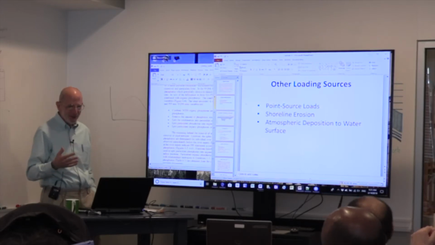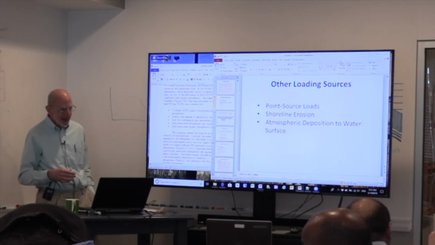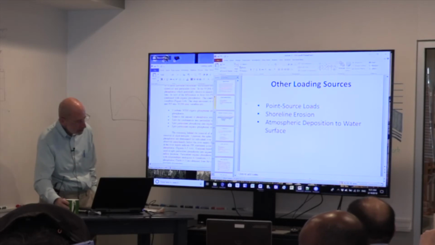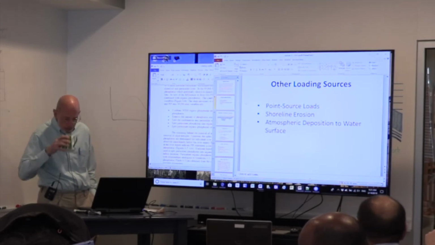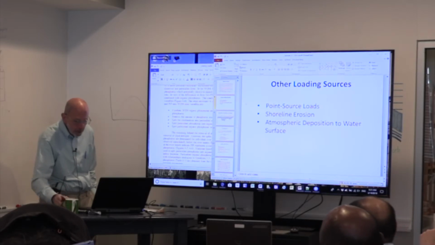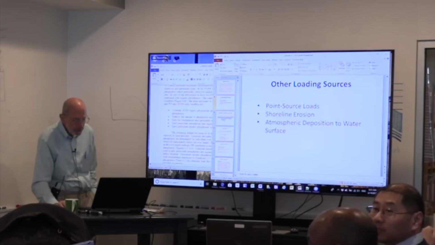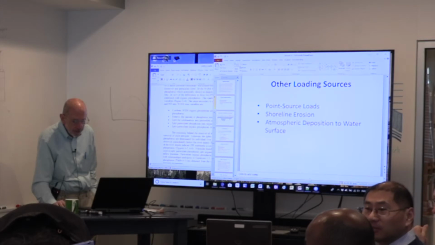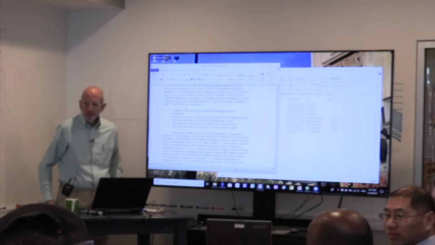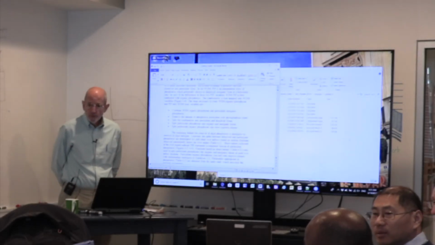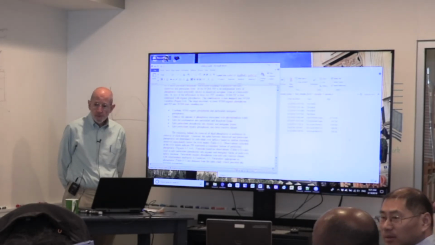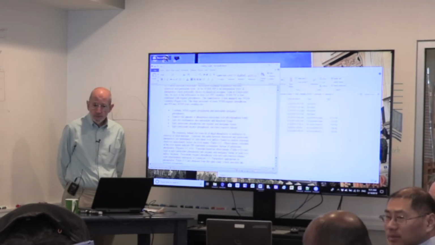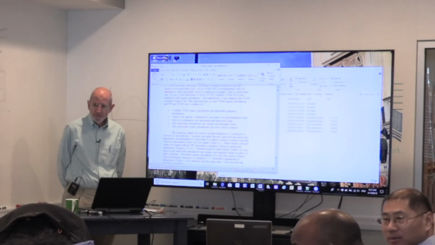They get it from somewhere. And they have a model, yeah, that's right. Okay. Yeah, because we use some observation results. So just real quickly, it's a regression model of observation for wet deposition, and then CMAQ supplies the dry deposition. And yeah, that's right. So we just put those together. Okay.